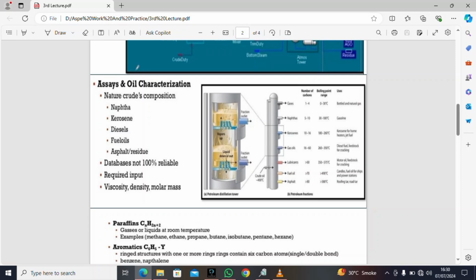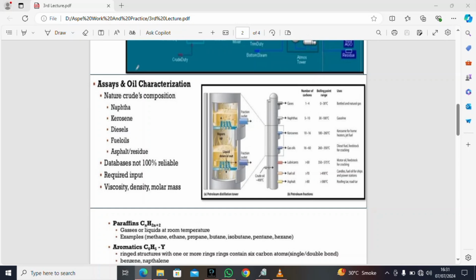Some kerosenes and gas oils are present with higher boiling points. Some are used for lubricants, oils, and eventually fuel oil or whatever heavy oils you have. Finally we get the residual materials, which are typically used for asphalt, road tar, roofing tar, and so on. We cannot model this if we are not given a very precise definition of what naphtha, natural gas, or fuel oil is. This is why we use assays.